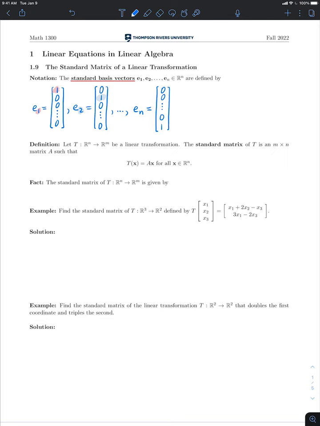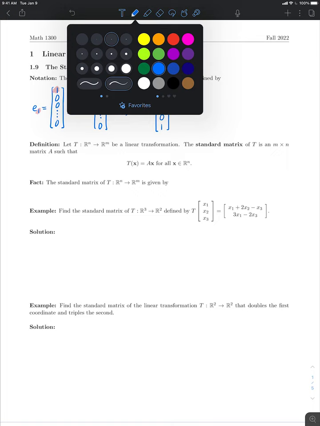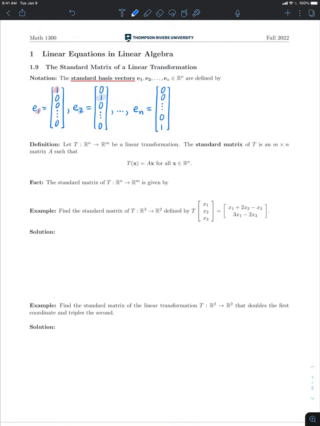Those are the standard basis vectors, and they're quite useful. They're the building blocks of all other vectors. You can build all other vectors by using these standard basis vectors and forming the appropriate linear combination. Let's write down a specific example.